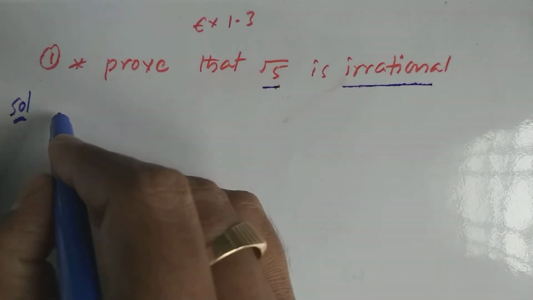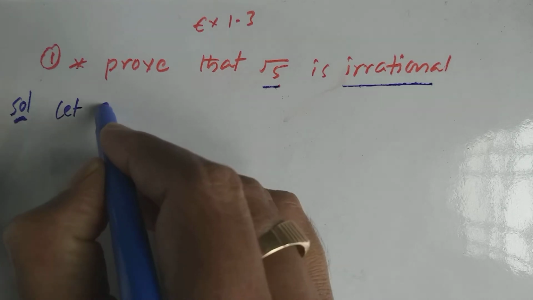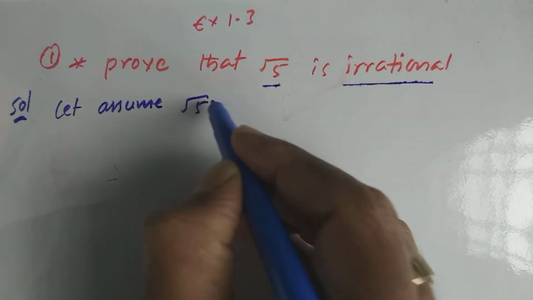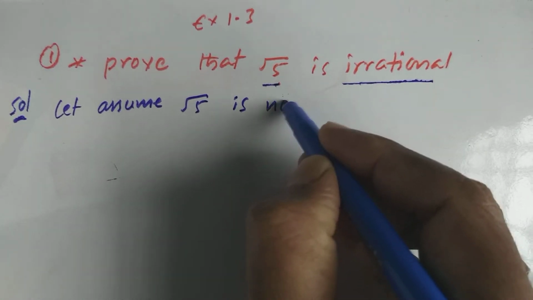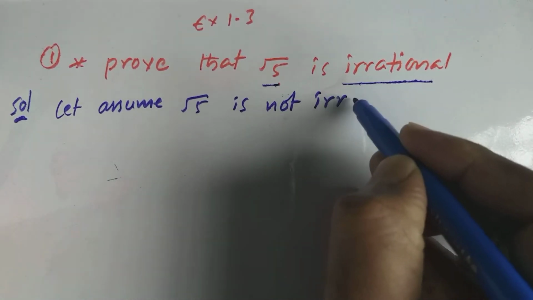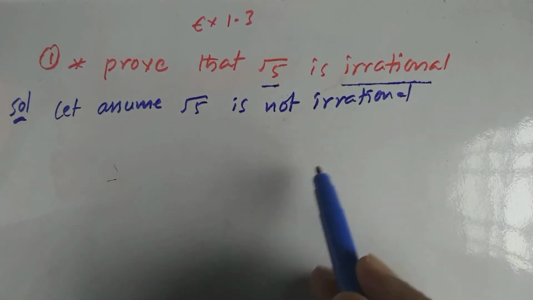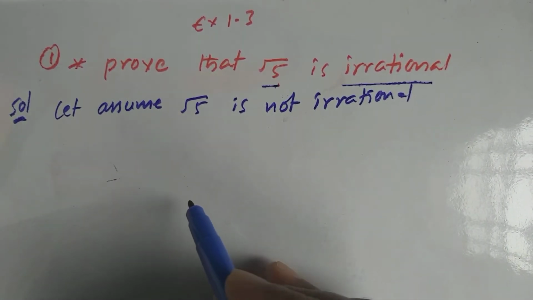Let us assume root 5 is not irrational. If it is not irrational, it is rational.